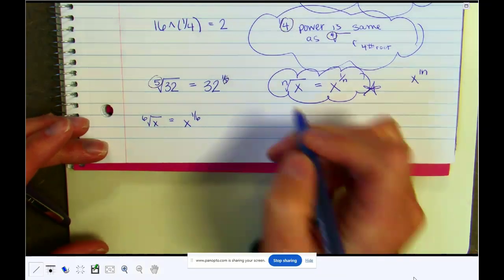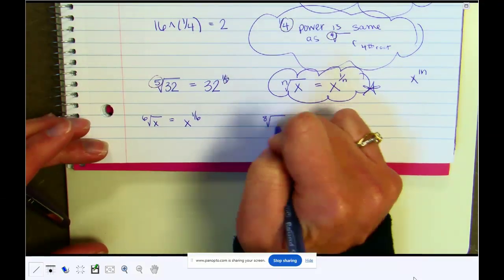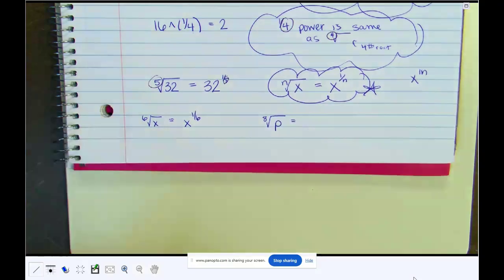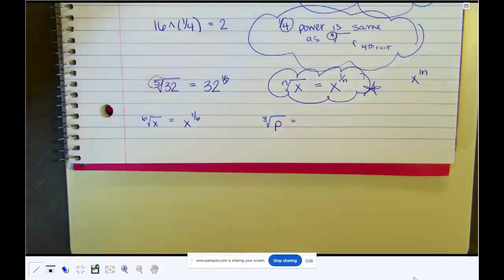Okay? Now, I want you guys to do this one quietly to yourself. I want you to write down what the 8th root of p would be equal to with the fractional exponent. Flip the red thing.